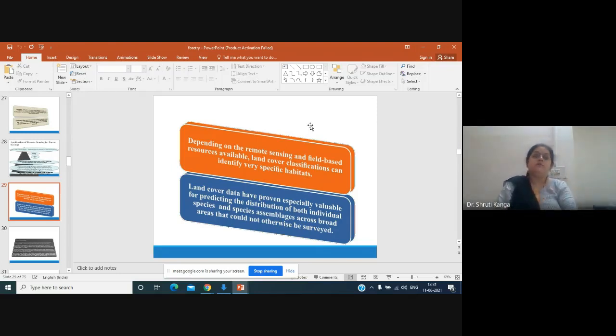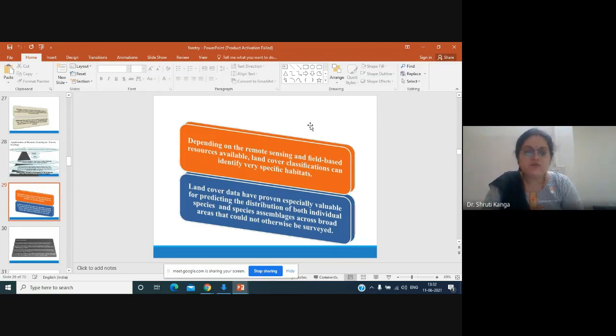Like in a hilly area, a specific type of land use land cover can be found, and a specific kind of fauna can be found there, or it can be a habitat for a specific kind of fauna. If we are talking about a desert type of land cover, a specific habitat can survive in those areas. So depending on remote sensing and field based data sets, we can easily categorize those data sets.